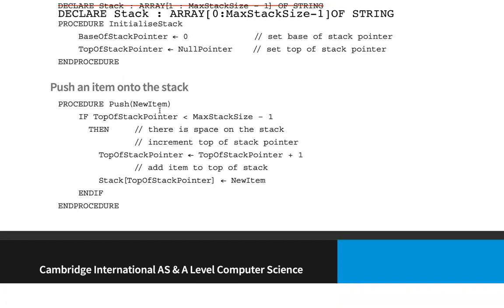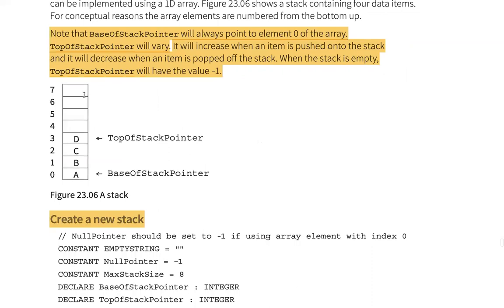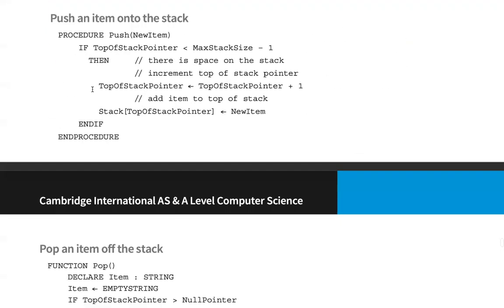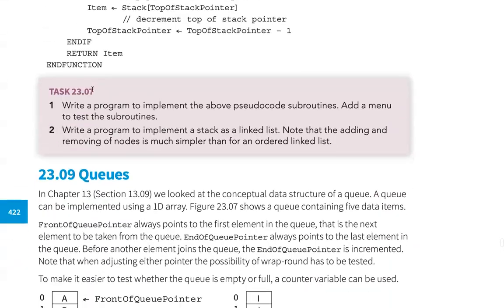If this condition is true, and my top of stack pointer is somewhere here, that means that I still have room to push an element in my array. However, if my top of stack pointer has reached position 7, it is no longer lesser than my max stack size, which is also 7. In which case, I will exit the loop, and there's no more room I can add.